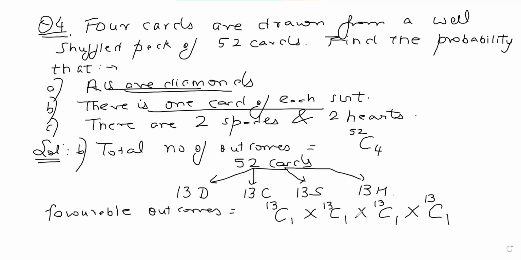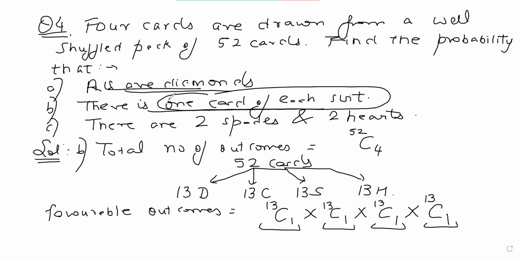So my favorable outcomes are 13C1 times 13C1 times 13C1 times 13C1, because you want one card of each suit, and there are 4 suits: diamonds, clubs, spades, and hearts.